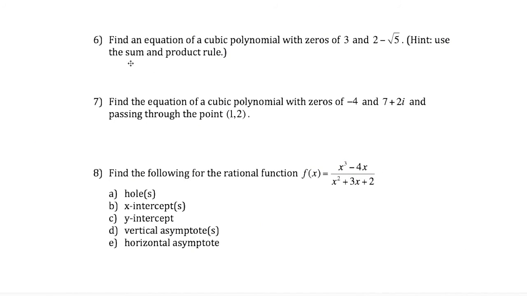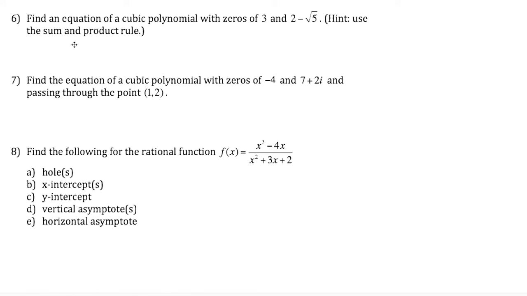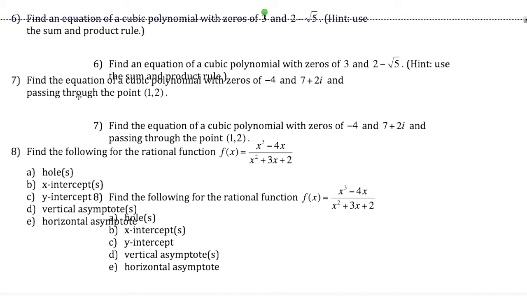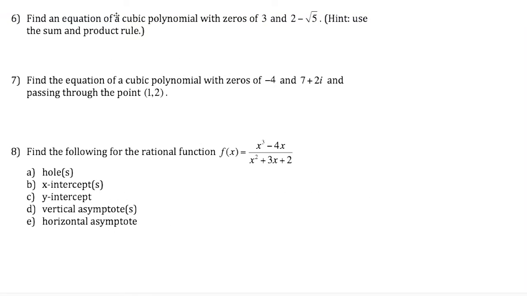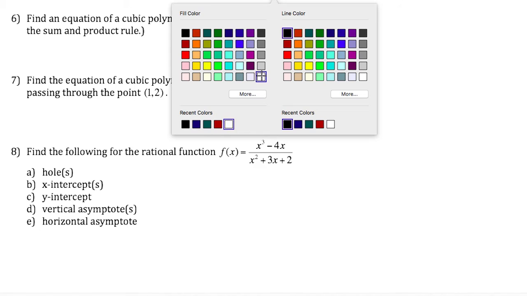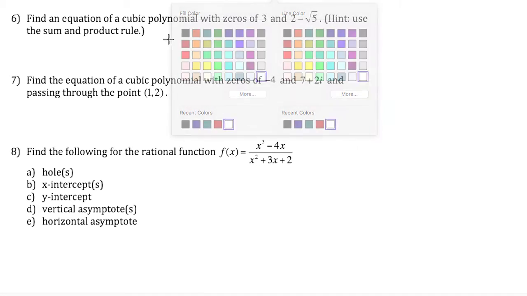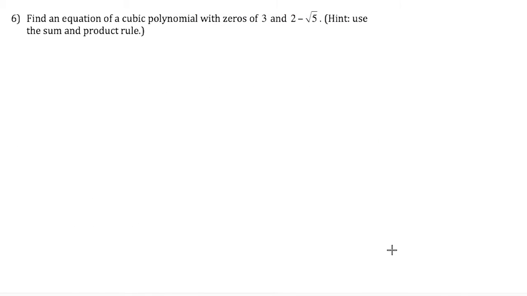Okay, next page. Number 6 is a tricky one. So actually, what I'm going to do is give myself more space here. I'm going to mask this and then just move it down the page.